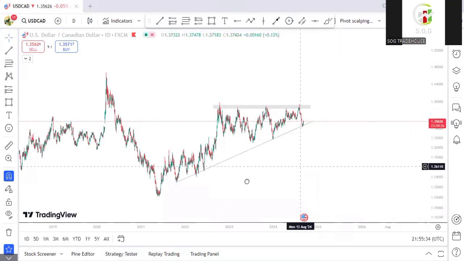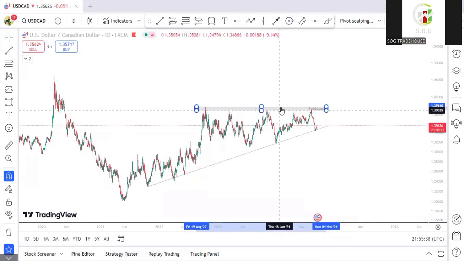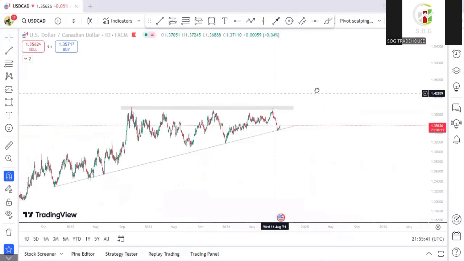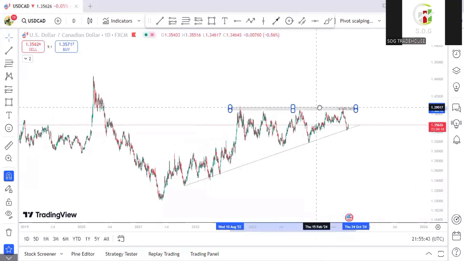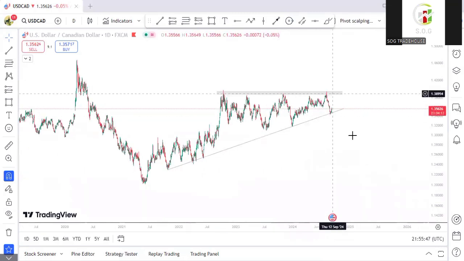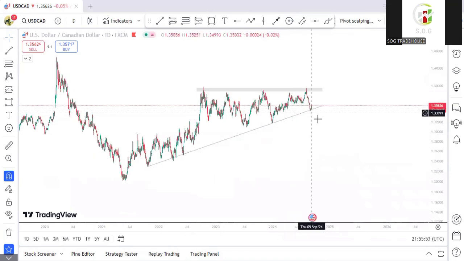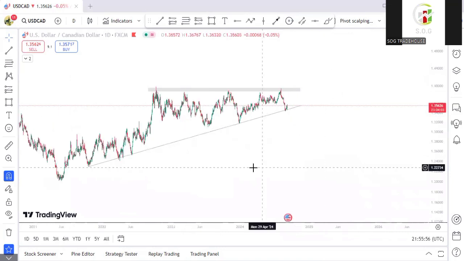So you can see USD CAD is playing between this trend line and this resistance level. And currently the market is respecting this trend line. It's sitting on this trend line.